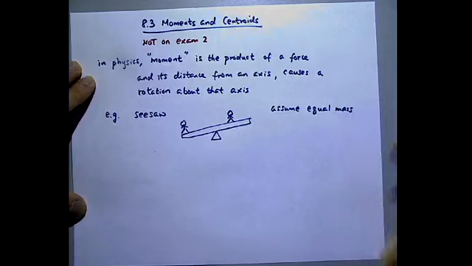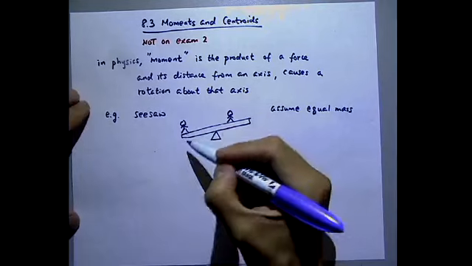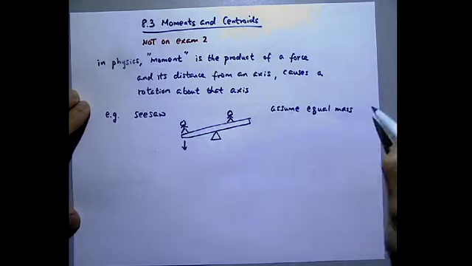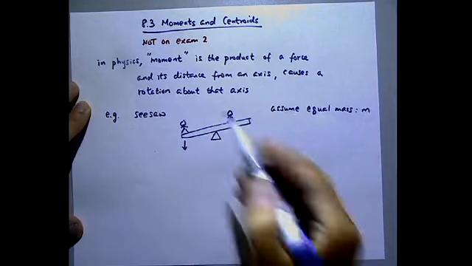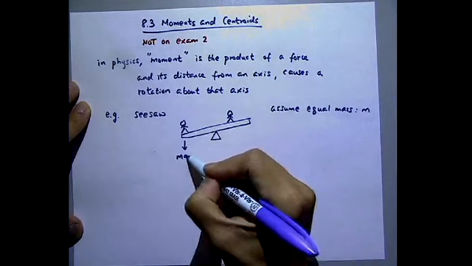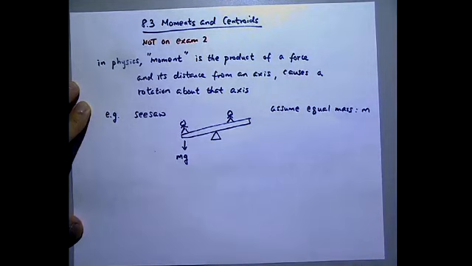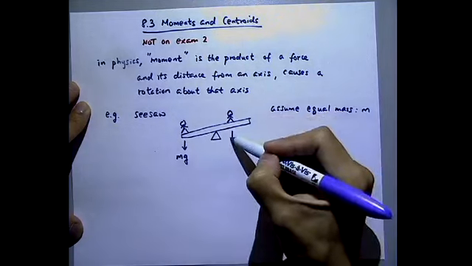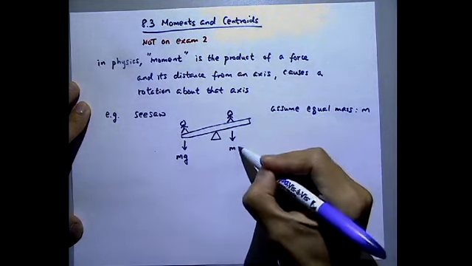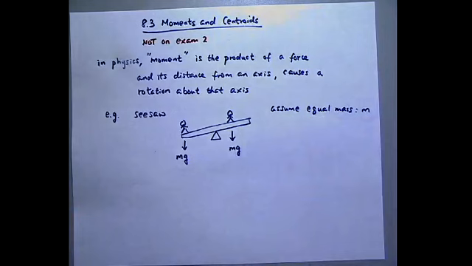For simplicity, let's assume that these two people have the same mass. We'll call that mass m. So the force from the person on the left is mass times gravity, mg. That's the weight of the person, and it's coming down this way. Same thing with this one: there's another force, m times g.